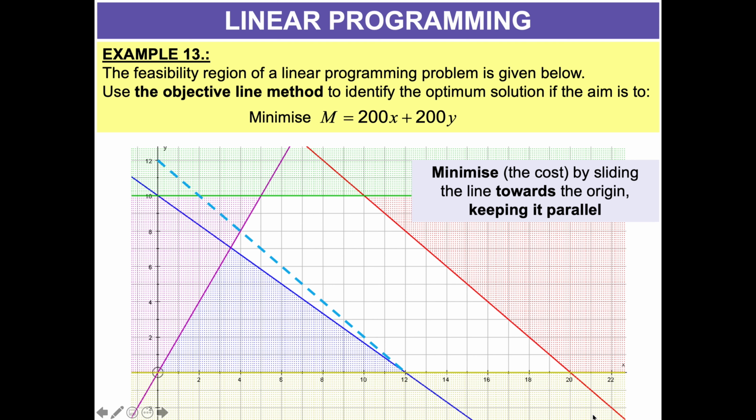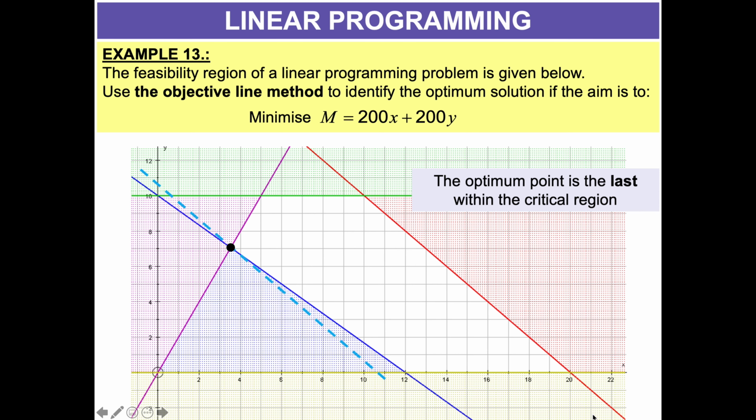That's why 12 and 12 was a better choice. Now I have my initial line and I know I need to move it towards the origin until I meet the last point from the feasible region. So in this case, when I move it just a little bit down, this is the point that I need to identify because it's the last within the feasible region.